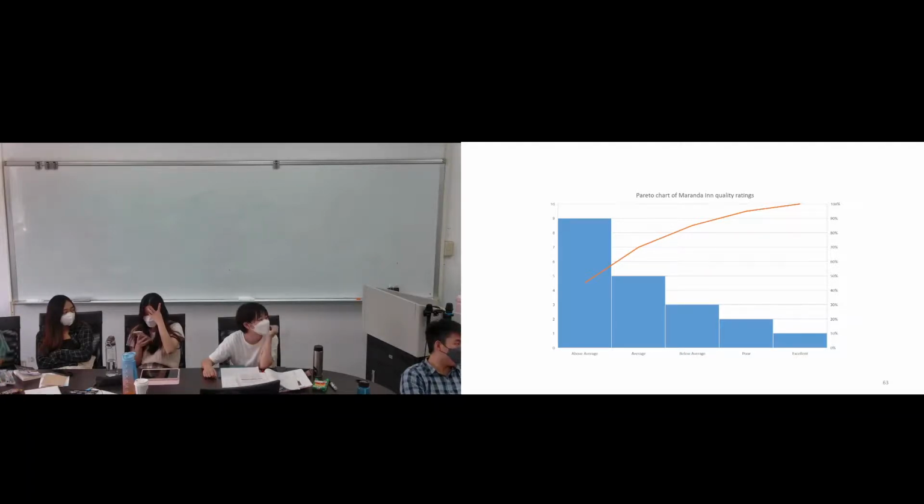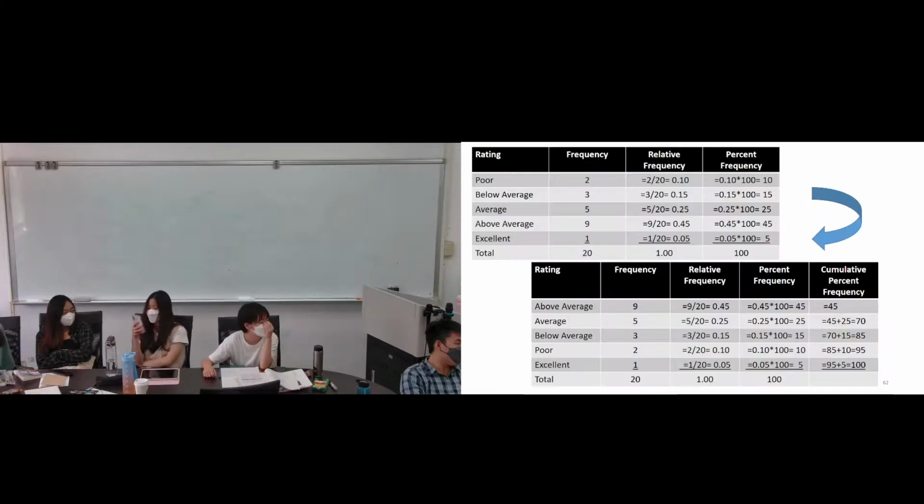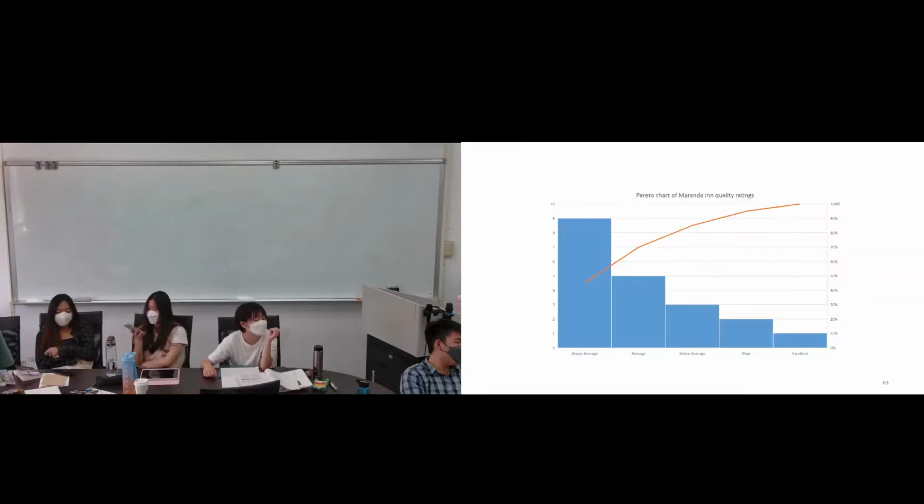In above average, the cumulative percent frequency is 45%, so in the middle we put 45%, and that corresponds to the right vertical axis. The right vertical axis presents the cumulative percent frequency.